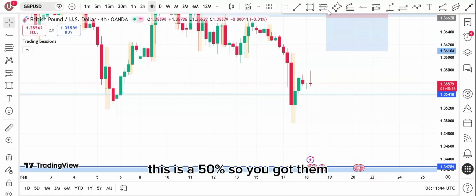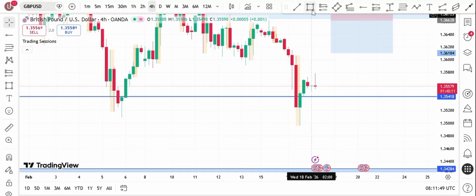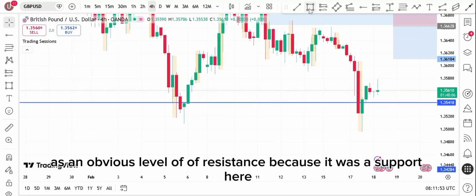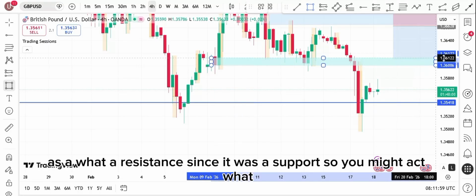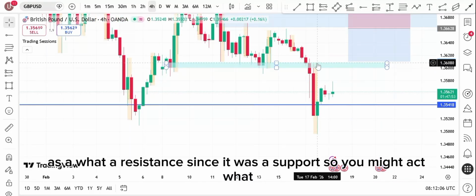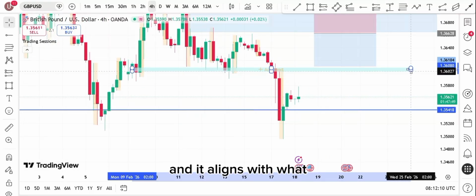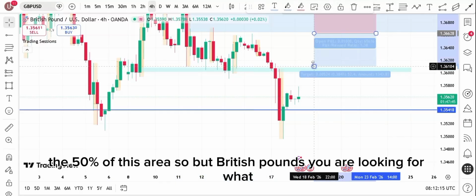This is the 50%. It might also act as an obvious level of resistance because it was a support here. So it might act as a resistance, and it aligns with the 50% of this area.